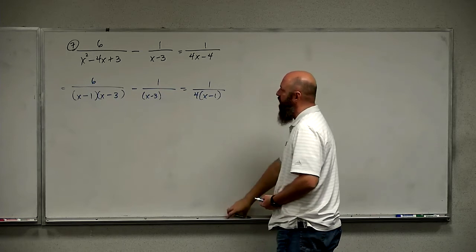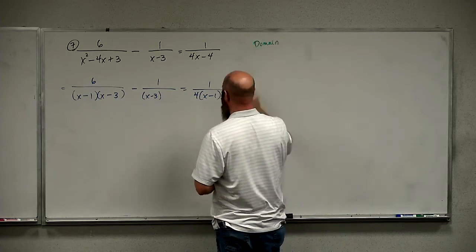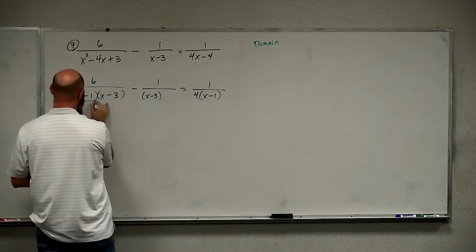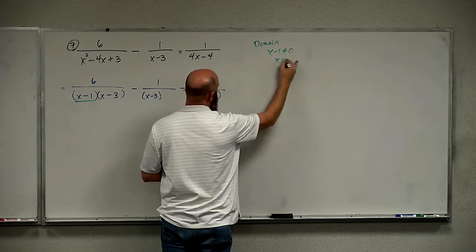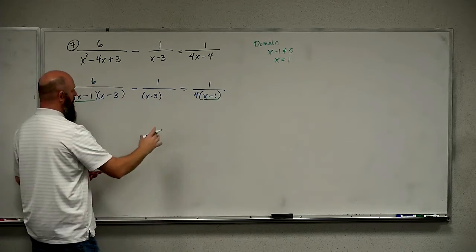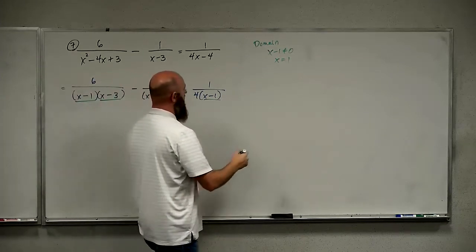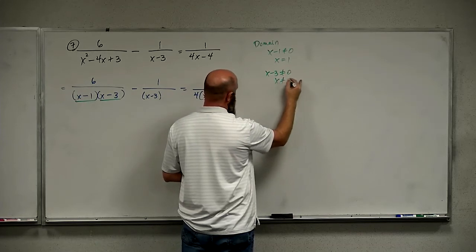Now let's look at the domain. So I'm going to write domain up here. We've got an x minus 1. So x minus 1 cannot be 0, so x cannot be 1. And then I have an x minus 3, which cannot be 0, so x cannot be 3.